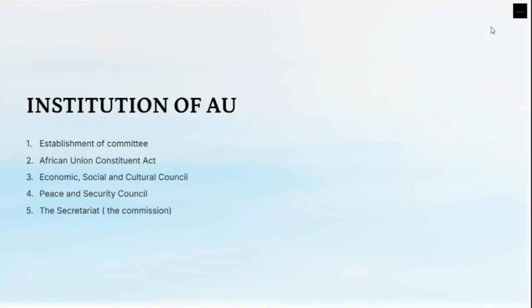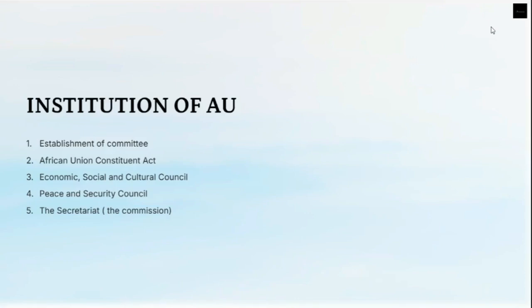Then we have the African Union Constitutive Act, the Economic, Social and Cultural Council, the Peace and Security Council, the Secretariat, the Commission. Another place you will find the Assembly of Heads of State.